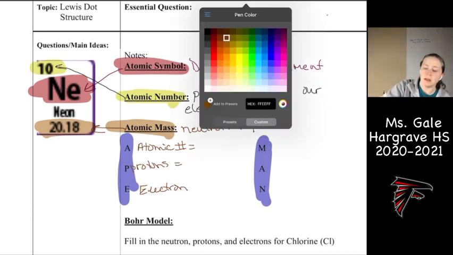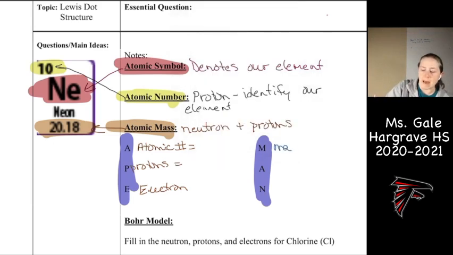Now let's go to MAN. It's the mass, the atomic mass, minus, so that's a subtraction sign, the atomic number. This will equal the number of neutrons.